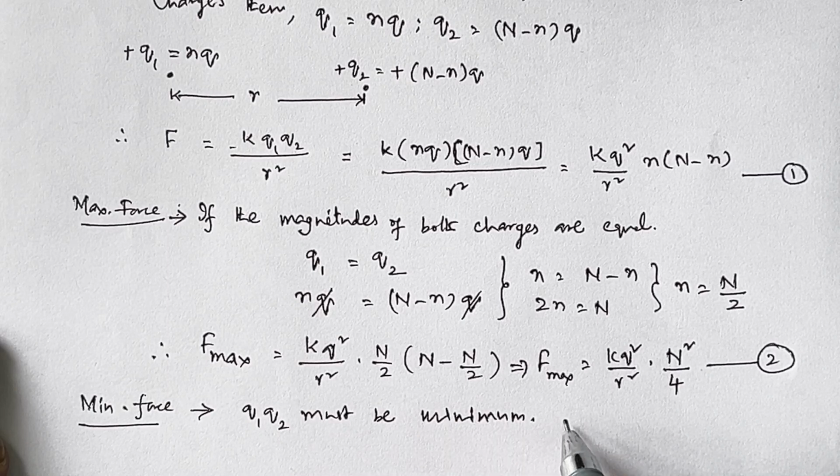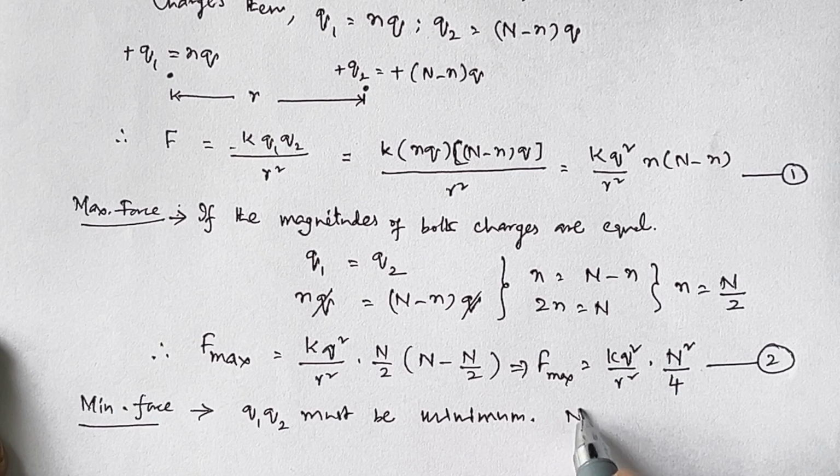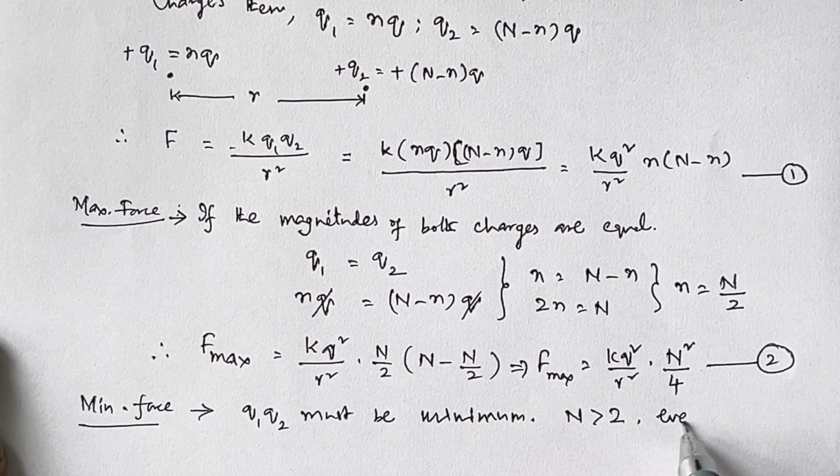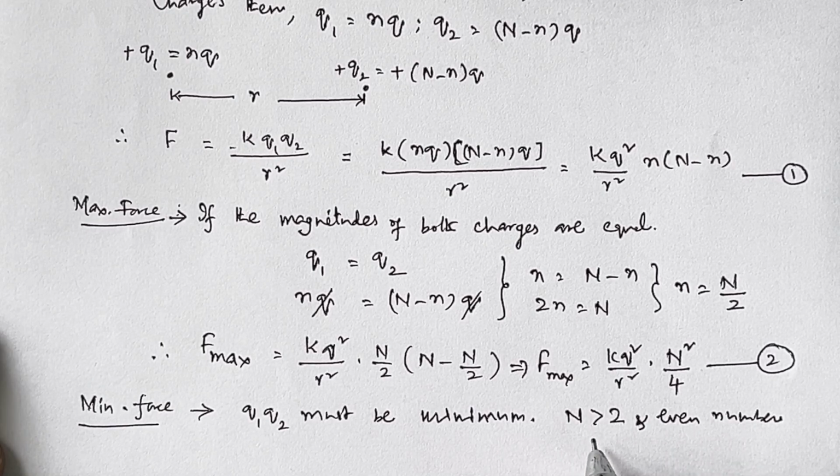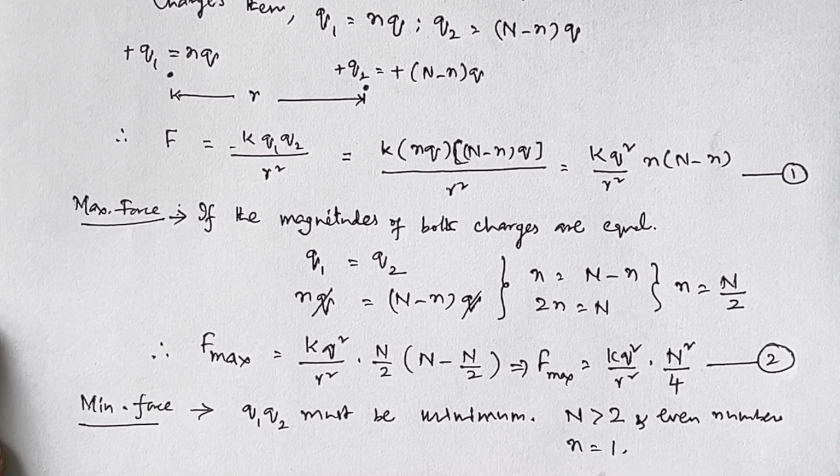And what we know, N is greater than 2 and it is an even number. So n must not be equal to or greater than N, greater than capital N is not possible. So the minimum value less than 2 is n must be equal to 1.